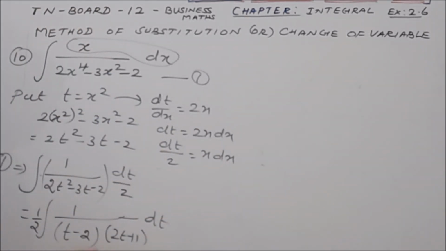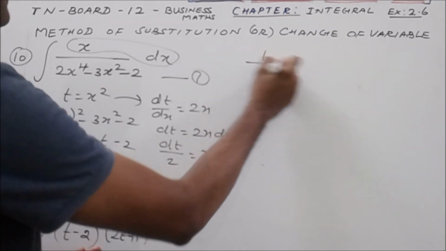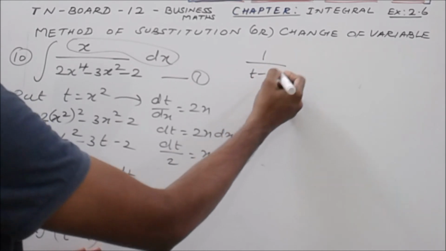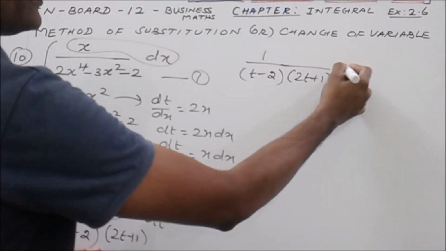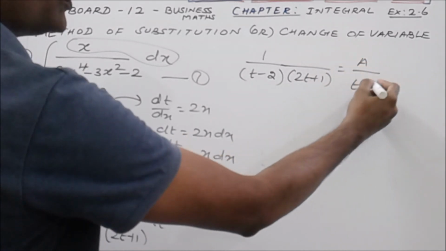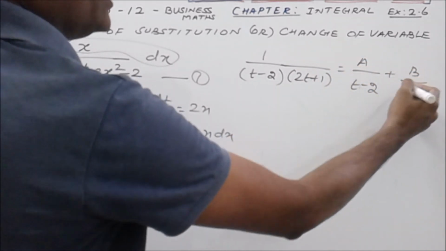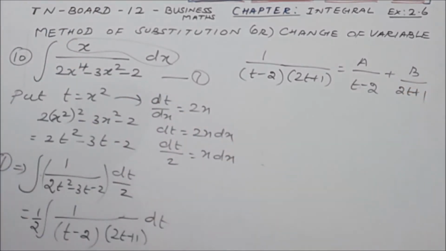Here we have two different factors, so we can split into two different fractions. So 1 by t minus 2 into 2t plus 1 will be equal to a by t minus 2 plus b by 2t plus 1.